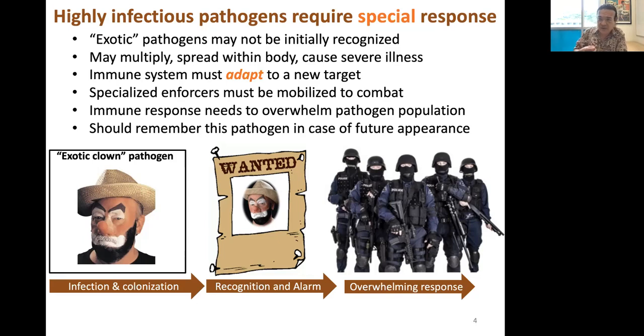So if your adaptive immune system can remember bad clown, for example, somehow preserving like a wanted poster that identifies bad clown, and before the first time you ever encountered bad clown, you would never have this wanted poster as part of your knowledge, right? But if you can hang on to this poster, then when bad clown appears again, you have the ability to quickly recognize, hey, wait a minute, it's this guy again, right? Let's go ahead and take him out before he has a chance to make us sick.